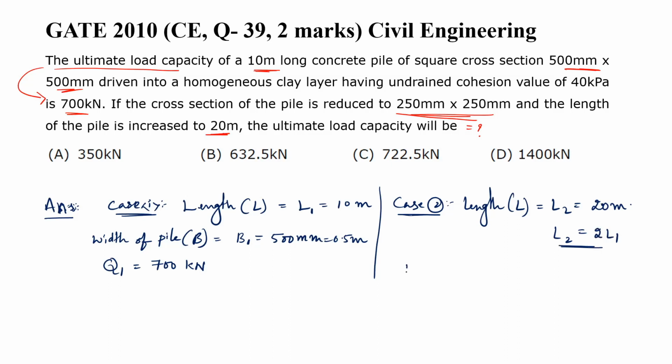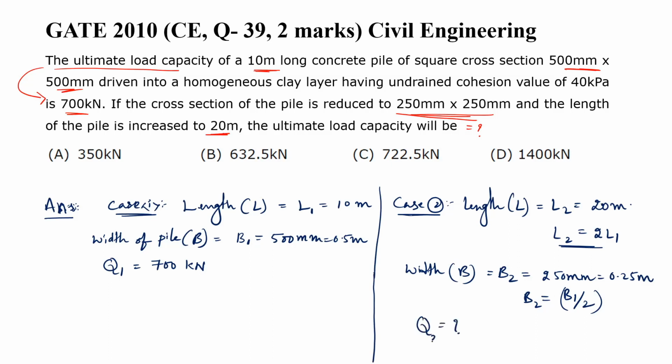And length is over, then width B is B2, that is 250 mm or 0.25 meter. So B2 can be written in terms of B1, so this is B1 by 2 because 250 mm is half of 500. So that's over. Then Q2 is the required capacity to be calculated.